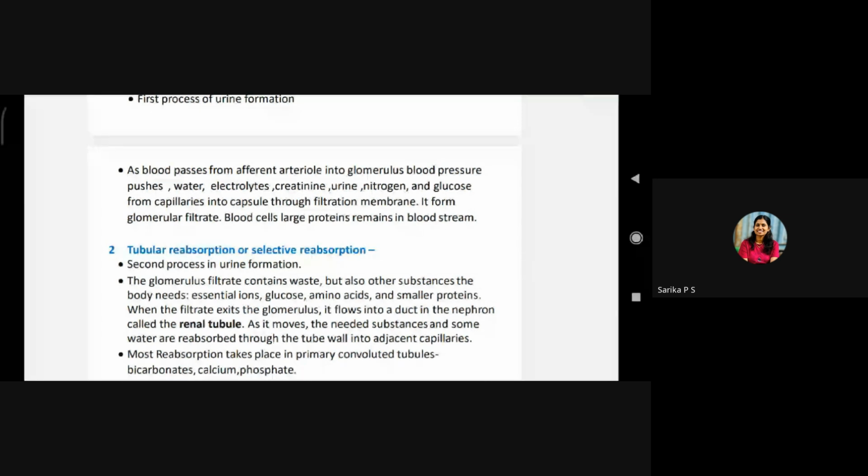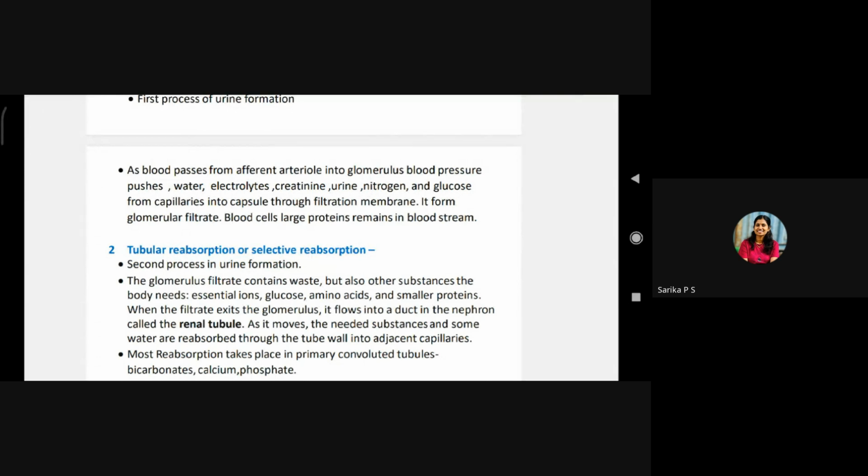Filter. The question asked yesterday, how does it get from artery to glomerulus. So it is always the semi-permeable membrane. In our body, everywhere we can find semi-permeable membrane. So blood vessels also have the same, and it forms glomerular filtrate.